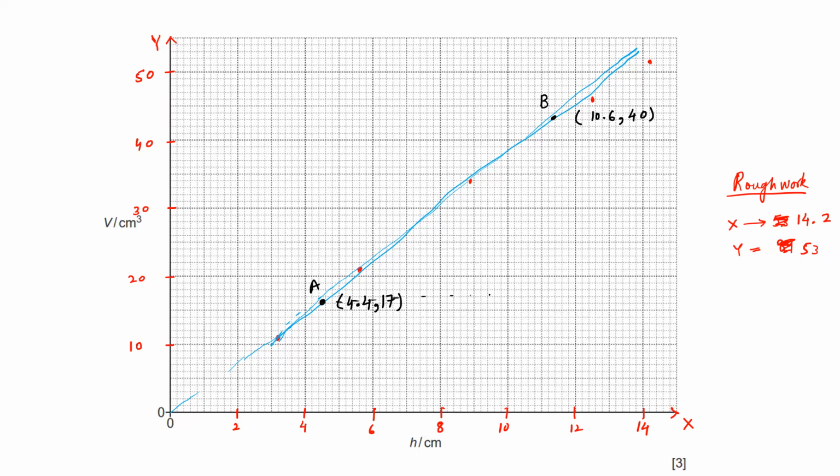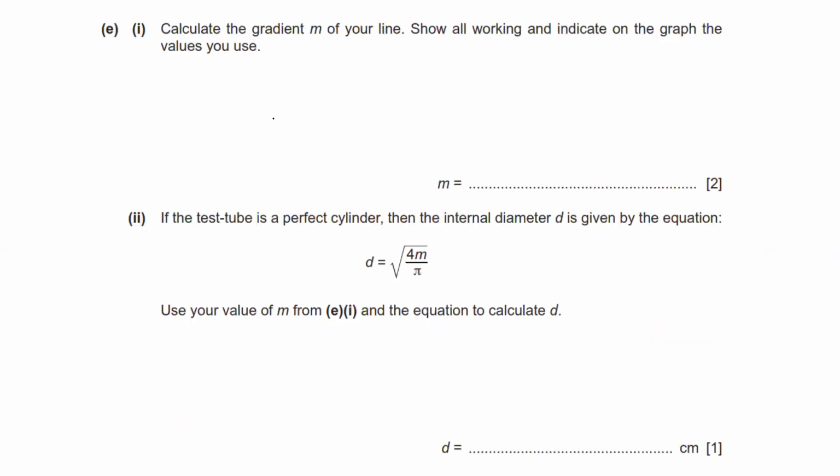The slope is the change in y over the change in x. So to calculate M, point A was 4.4 and 17. Remember, you have to select points on the graph that are not the ones given in the table. Then point B. M is equal to delta y by delta x.